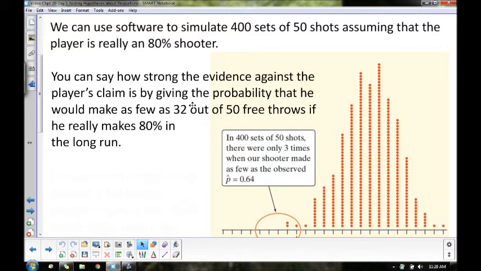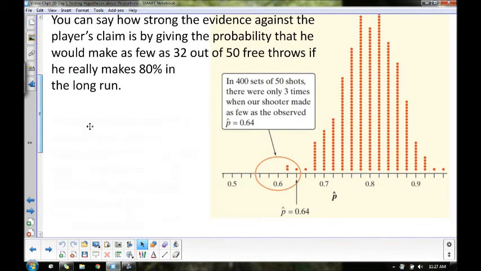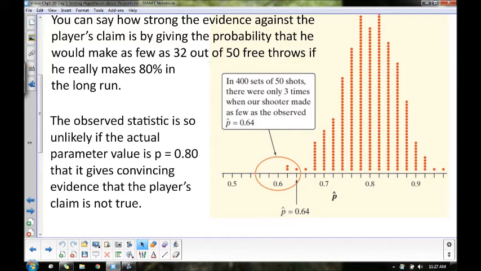Now we can use this data of simulated free throws to determine how strong his claim is, and whether, based off of this one sample, we can contradict his claim and say he's a liar, liar, pants on fire. So the observed statistic is not very likely. You see where it falls here?